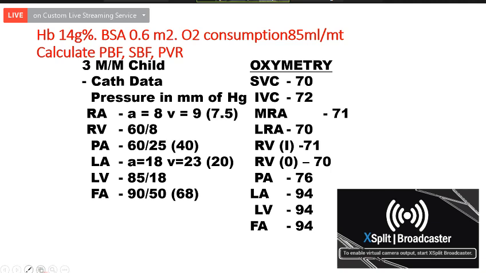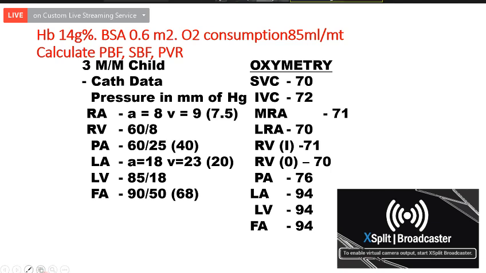Okay, how will you calculate pulmonary blood flow, systemic blood flow, and pulmonary vascular resistance? What is pulmonary vascular resistance? How do you calculate it? What is the formula?